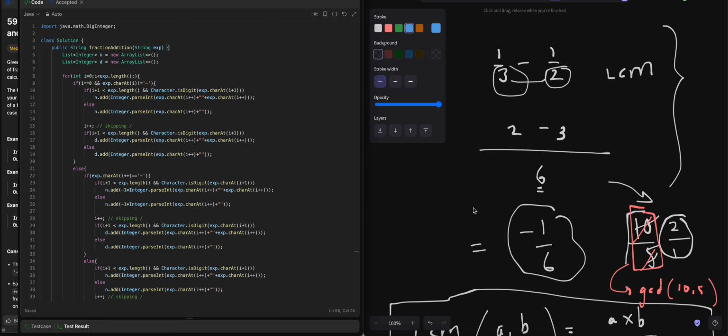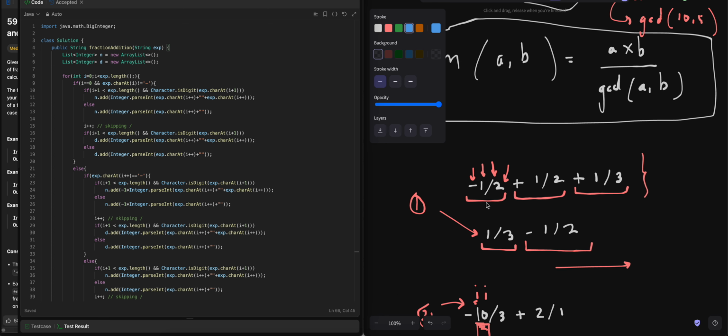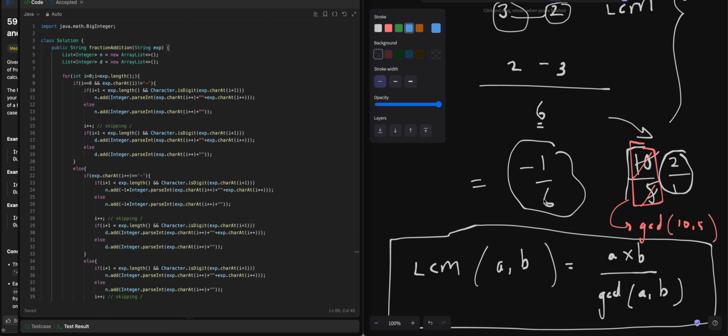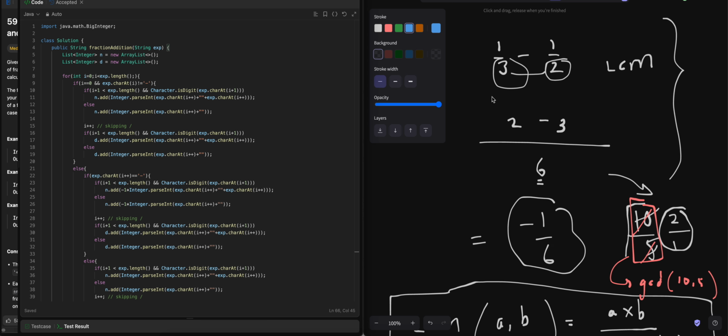In order to apply this mathematical approach, first of all we need to have all the numerators and denominators, and segregate them. Until we have that, we won't be able to find the LCM of all the denominators, that is 6 here.